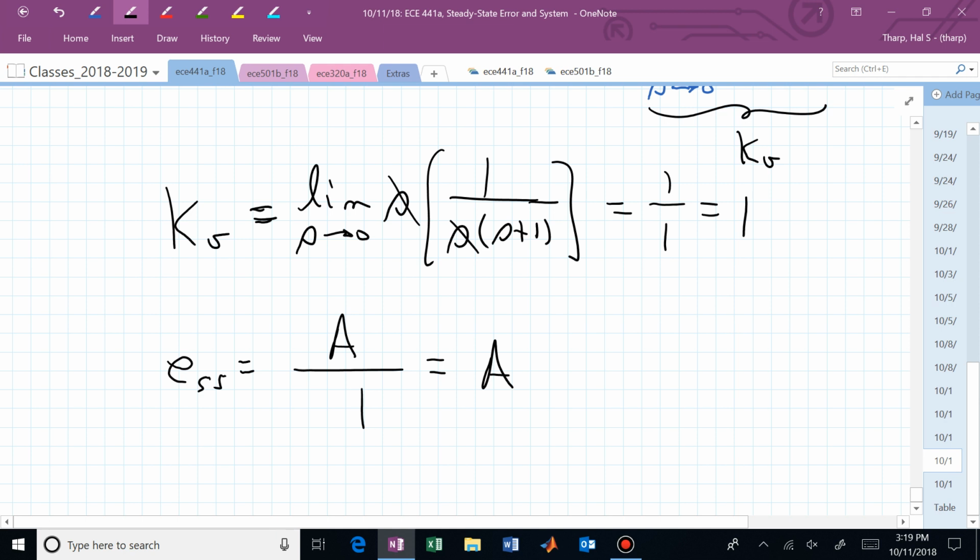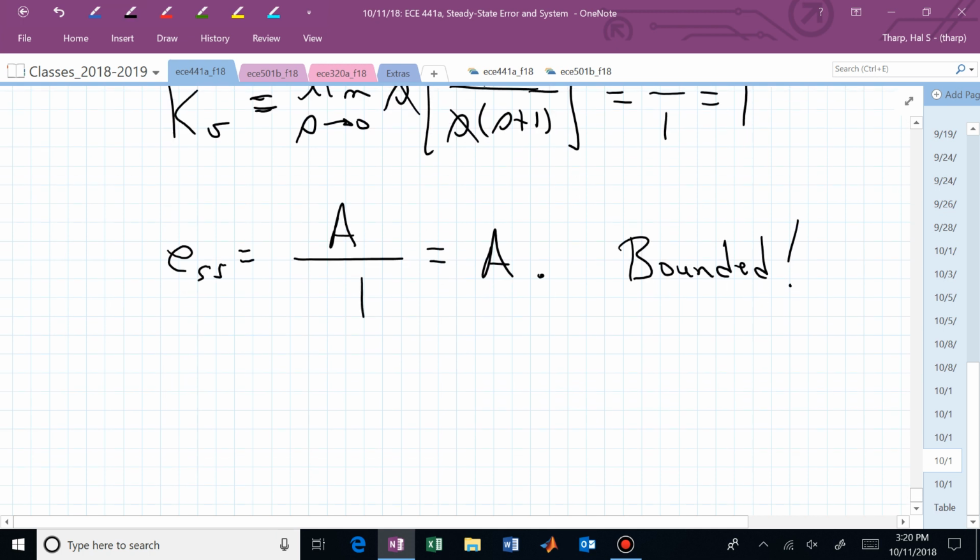So now our steady state error is bounded. It's at a, it's not growing with time, but there is an error. We might have our ramp going up like this, but now our y of t is going to be within a of that particular signal.